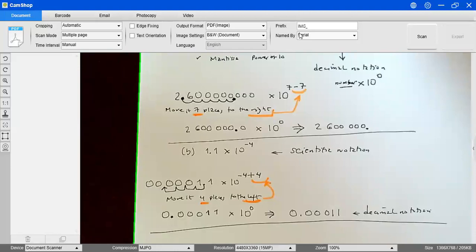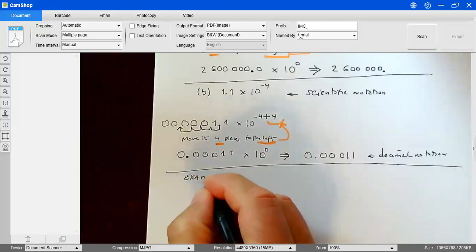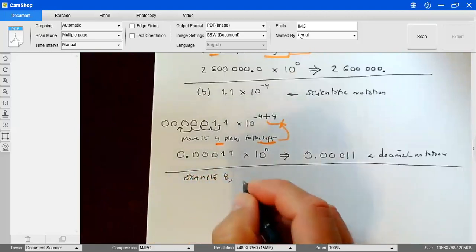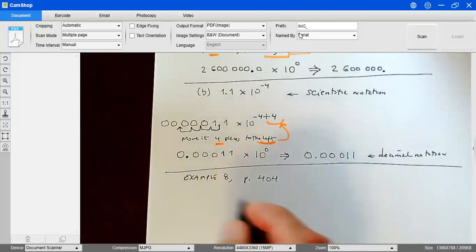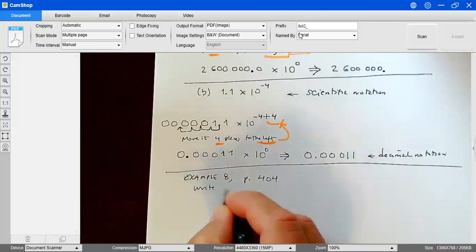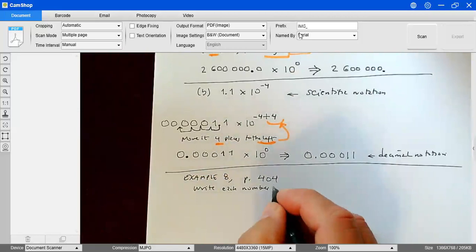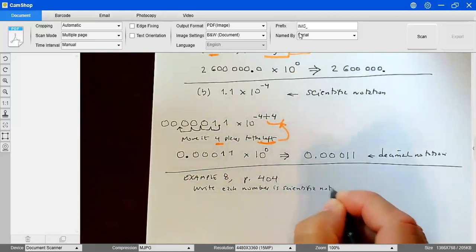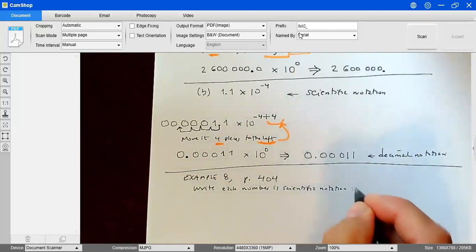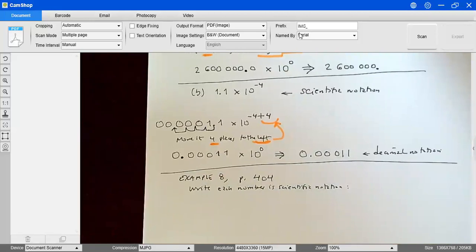So this is example 8 now. Example 8, that's on page 404. Now we're going to write each number in scientific notation. So we're going to do the opposite procedure or operation that we did before.